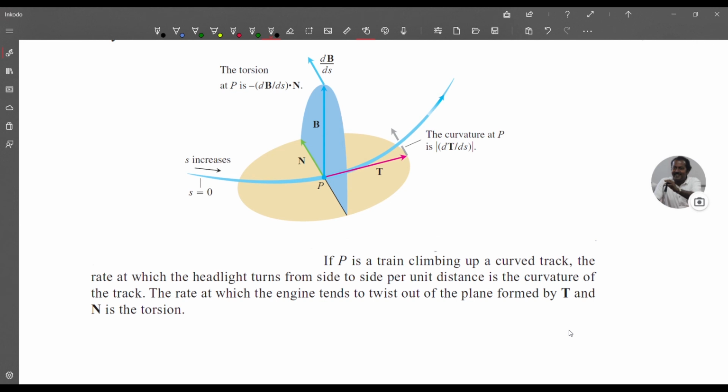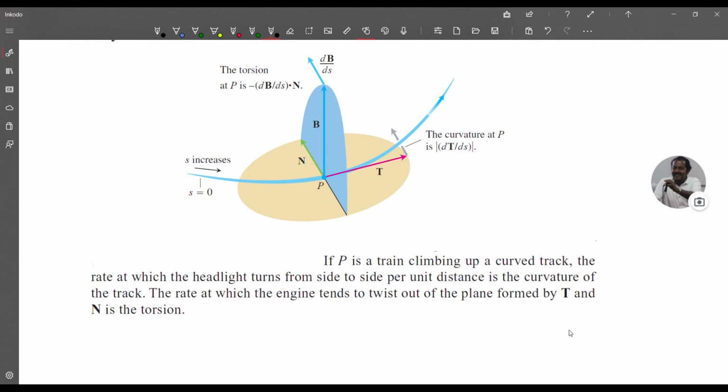Because the headlight is always tangential to the path, corresponding to each point you have a change in the headlight towards left or right. The measure of that is the curvature.